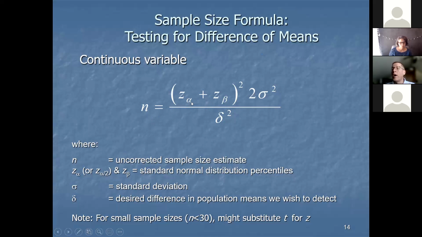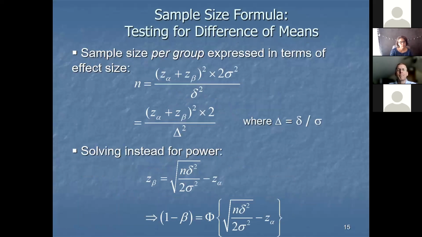So if, for example, I had a two-sided 0.05 significance level, the z that would correspond would be 1.96. So 1.96 would be this term here. If I had 80% power, the z that corresponds to having 20% above that is 0.84. So if I had a two-sided 0.05 and 80% power, this piece here would be 1.96 plus 0.84. And that's what I would have in parentheses for the purposes of this sample size calculation.